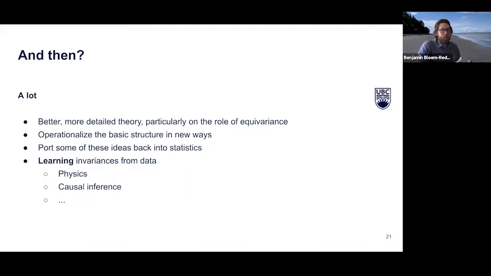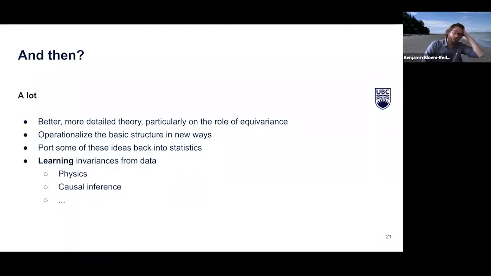And beyond the theory, I think there are opportunities to operationalize this basic structure in new ways. So this basic structure of equivalence classes induced by a group. We can think of this for maybe a less restrictive set of transformations. So maybe it's not a group, but something more general.